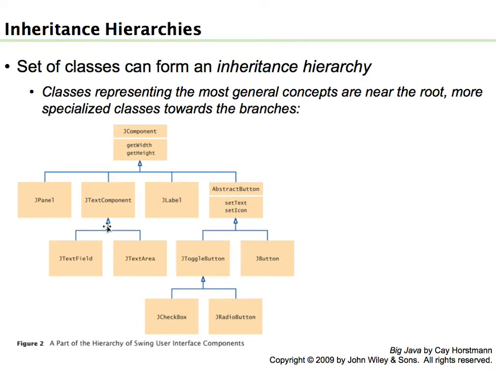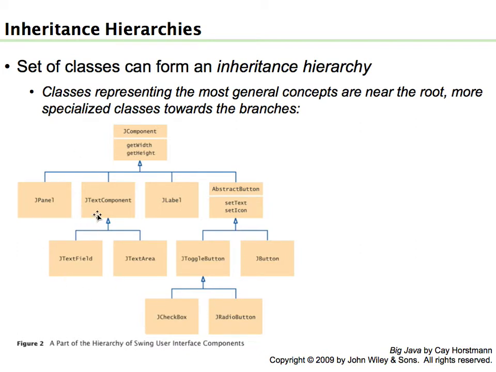What you see in front of you is part of the hierarchy of a package called the swing package that manages the user interface. The J at the front of each class name means that they belong to the swing package.